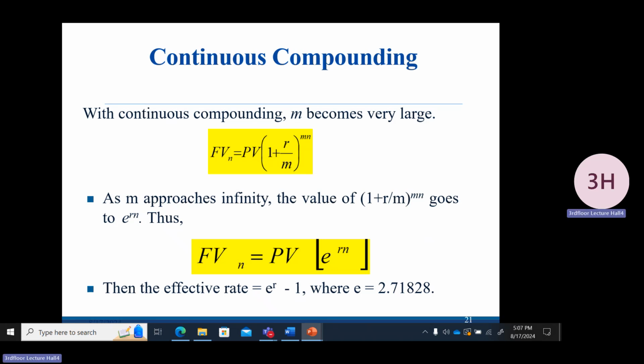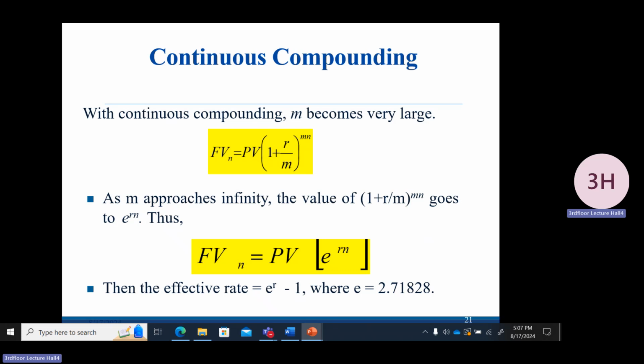In this formula, future value is equal to present value into 1 plus r over m, to the power n times m. With continuous compounding, this m becomes a very large number. Statistically, we say that it approaches infinity. Mathematically, in financial mathematics, it is proven that m approaches infinity.